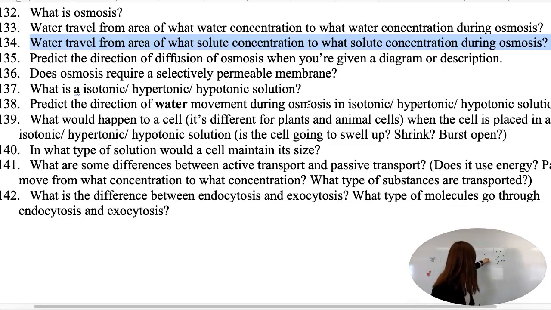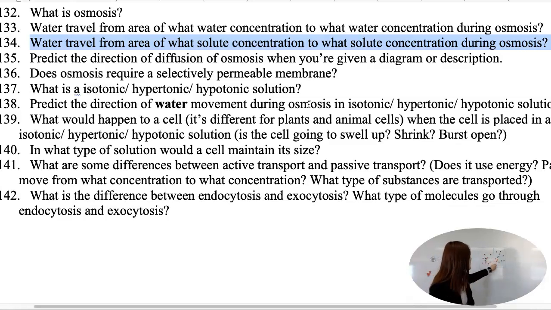So what you see over here is that the higher the solute concentration, the lower the water concentration, right? And the higher the water concentration, the lower the solute concentration. So if you have more water, the green ones, on one side, water will travel from an area of low solute concentration to an area of high solute concentration.